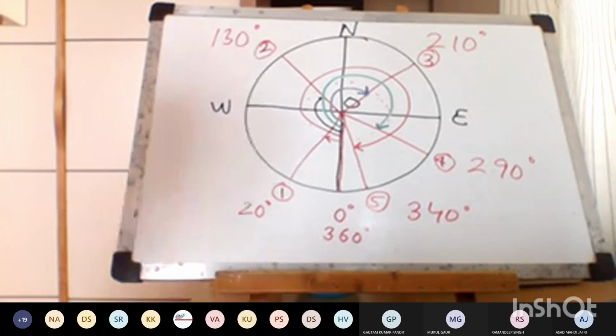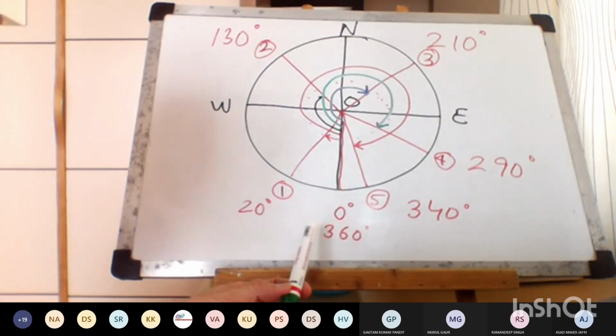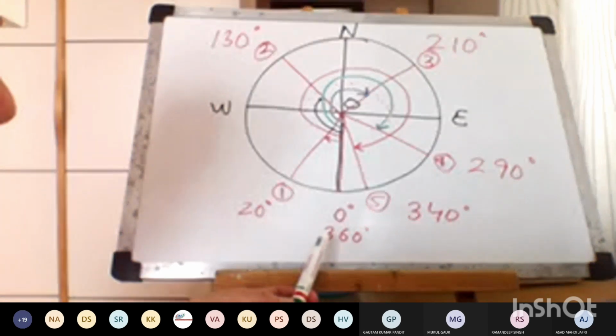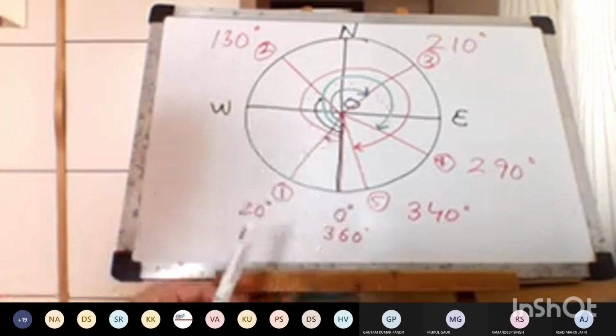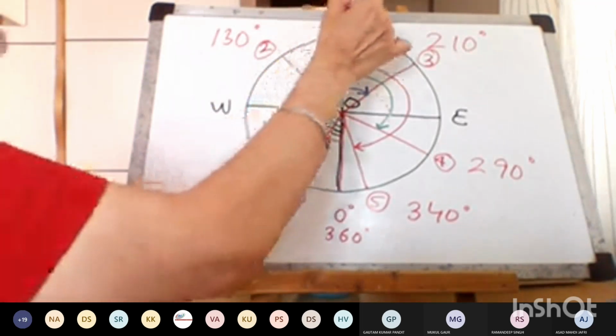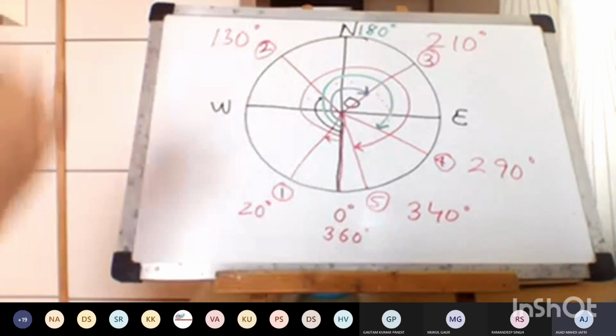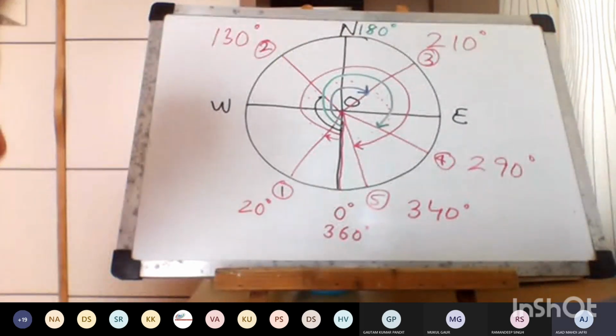The point which I am trying to make is, if you have understood the concept of LHA being 0 or 360 when the body is on the meridian, we call it the superior meridian. When the body is on the inferior meridian, then what is the LHA? 180 degrees.